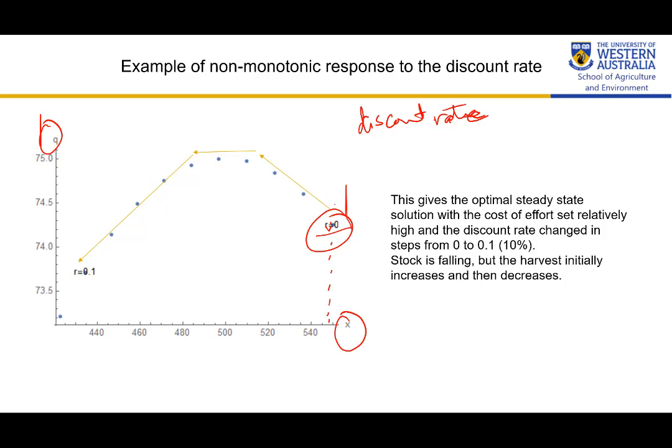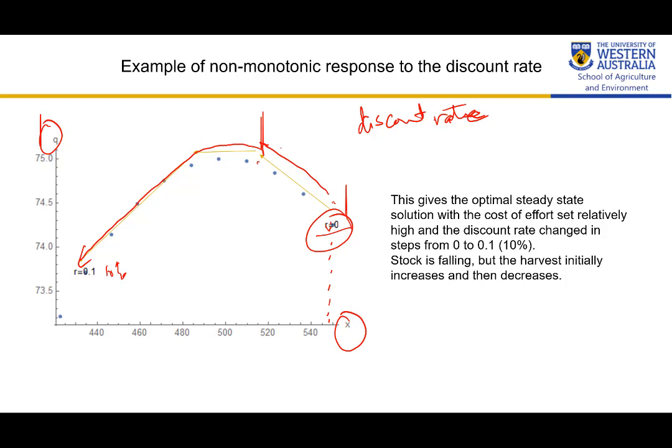As the discount rate increases, the stock falls, and the harvest rate increases, and then it reaches a turning point. And as we head towards a discount rate of 0.1, which is 10%, then the harvest rate falls.